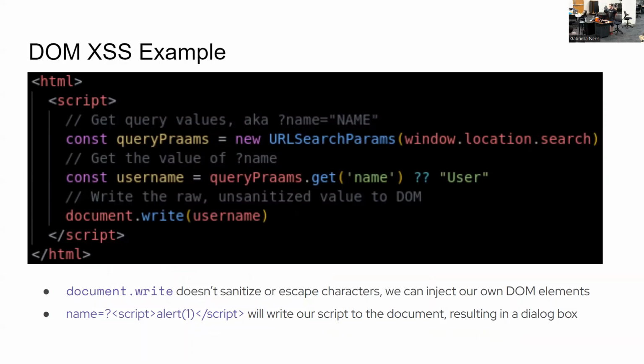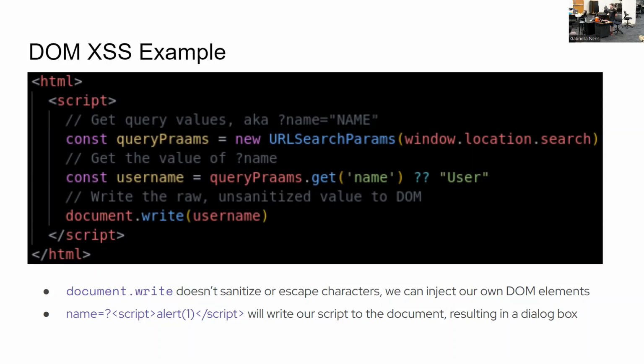So here's a DOM cross-site scripting example. This is when the response is constant. The response of the server will always be like this, with the script tag in it and HTML. But the actual script that runs in the browser handles the name query parameter here in an unsafe way by writing it to the DOM, which is essentially how the elements of HTML are laid out on the page.